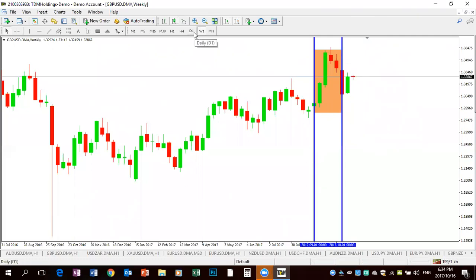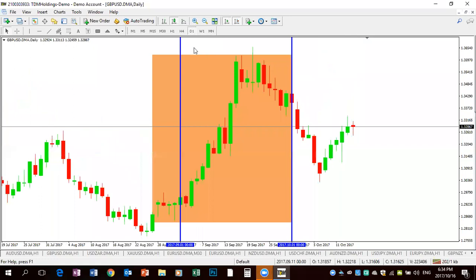Now, if you go to the daily time frame, how many trading days are in a month? We have about 20 trading days in a month. That is the daily time frame. Now we've got 1, 2, 3, up to 20.